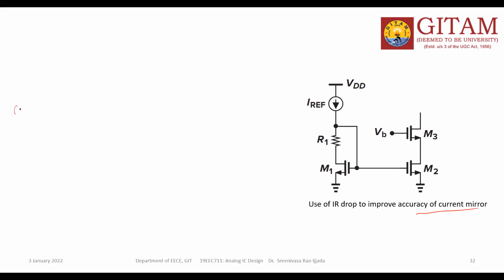So in this picture, choose your R1. This drop is this current multiplied with resistor R1, that is R1 into I reference. The drop across R1 is the voltage at this point. So R1 into I reference is approximately equal to VDH1.